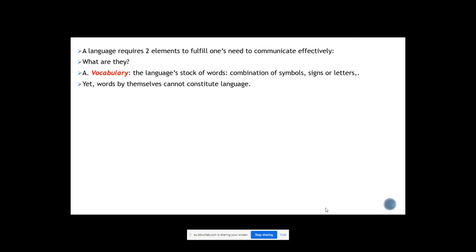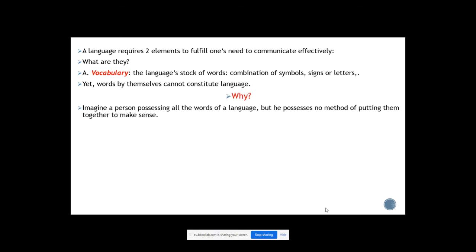Yet words by themselves cannot constitute language, right? So if I say, for example, Khalid ate crocodile, we cannot determine who ate whom, unless we have a grammar and a subject which comes before the verb, and then an object which comes after the verb.